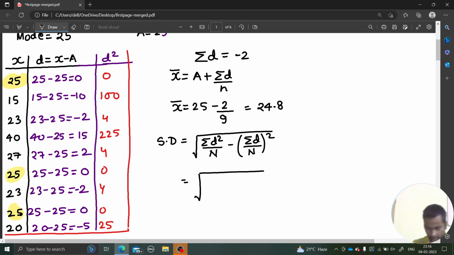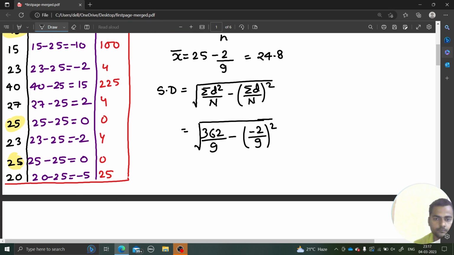So this is coming out to be 362, divided by n, which is 9, minus summation d, which was minus 2, by n, which is 9, whole square. Let's calculate it using the calculator only.